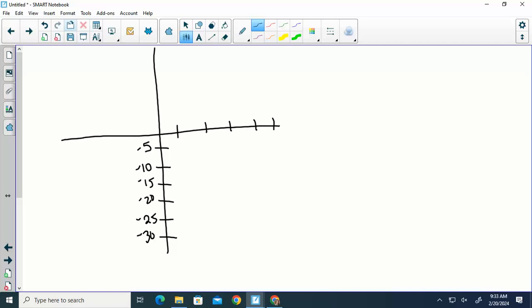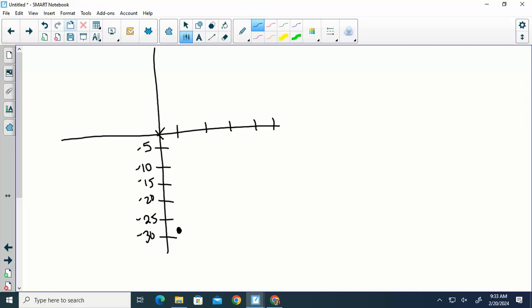Okay, so then we have a critical point at 1, negative 27, which is also our local minimum. And we have an inflection point at 2, negative 60, so mark that one with an x. And then we have an inflection point at 4, 0.